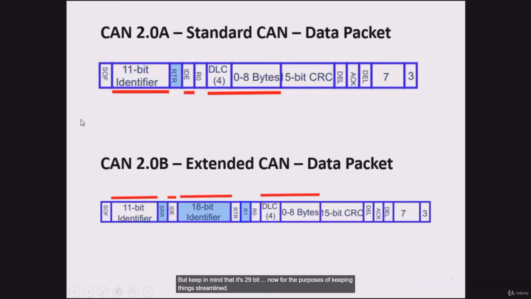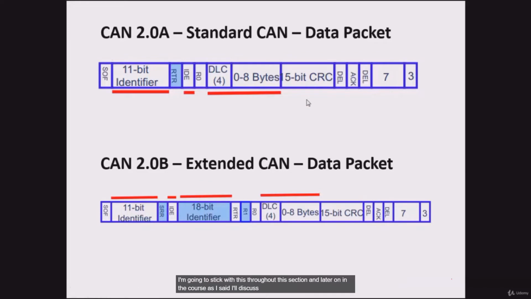There are some other smaller differences that I will discuss later in the course, but keep in mind that it's 29-bit. Now, for the purposes of keeping things streamlined, I'm going to stick to CAN 2.0a or standard CAN when I'm discussing the whole data frames and packets and how CAN bus works on a message level. I'm going to stick with this throughout this section.